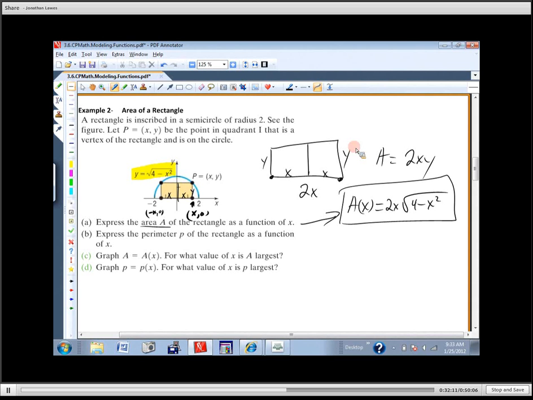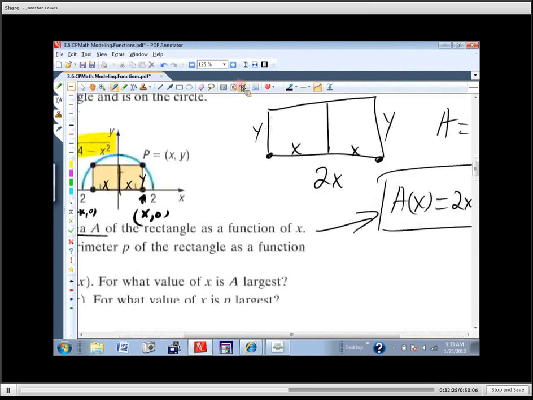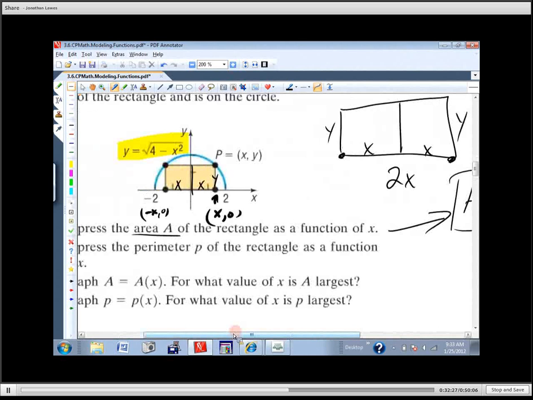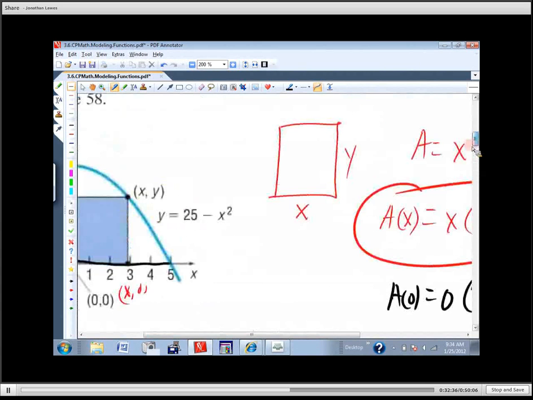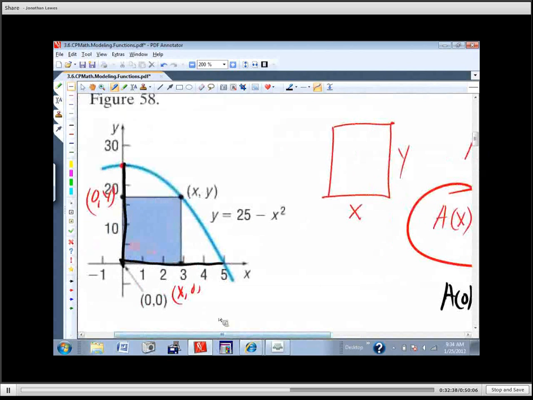Emily? So if it was right in the middle of the graph, it would be 2x on the bottom and 2y, because say the origin was right in the middle of the rectangle. You put the 2x there because it's in two different quadrants. On this previous one, we were just on one side.